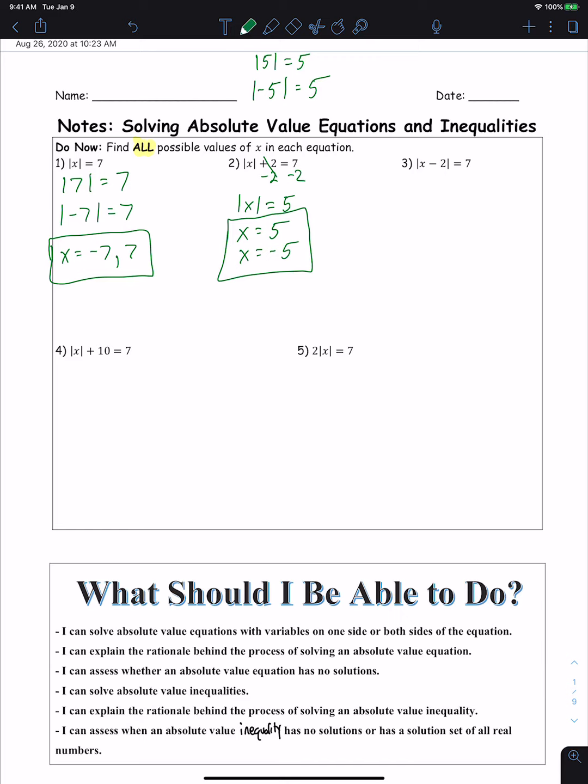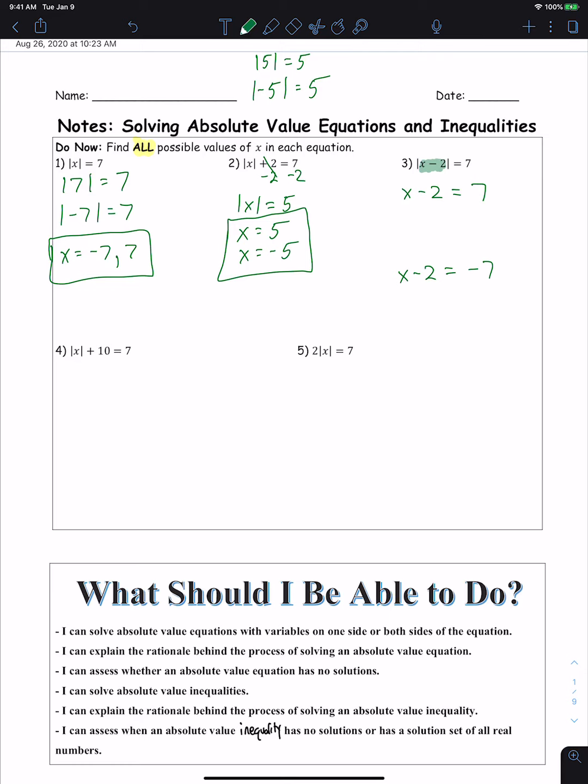Looking at number 3. Well, number 3, the absolute value is all by itself. So when we look inside the absolute value, I know that x minus 2 can either equal positive 7, because the absolute value of positive 7 will be 7, or my other value that x minus 2 can be is negative 7, because I know the absolute value of negative 7 is also equal to 7.